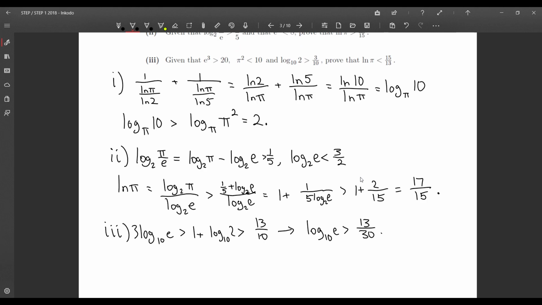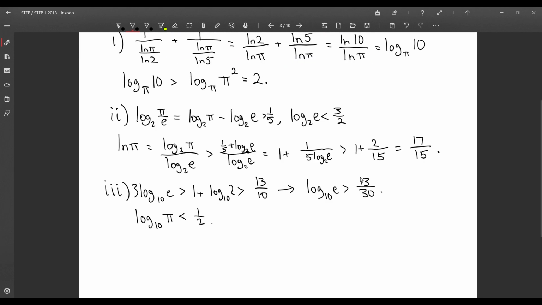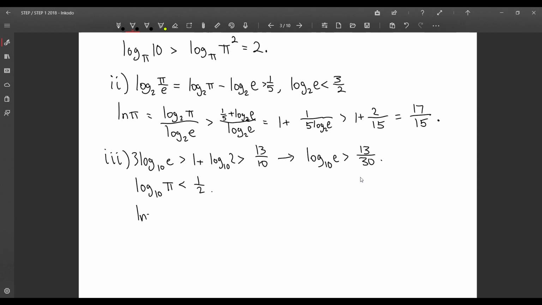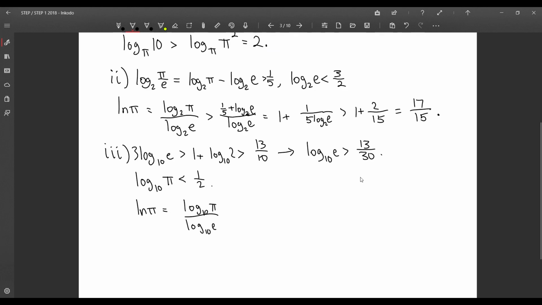And then if we apply log base 10 of pi, that's going to be less than 1/2. So the natural log of pi, which is the log base 10 of pi over log base 10 of e, is going to be less than 1/2 over 13 over 30.